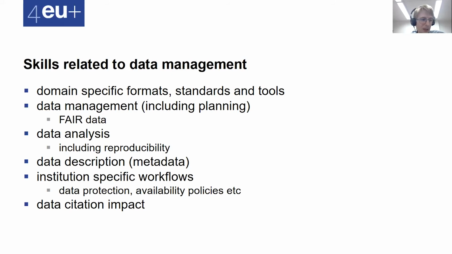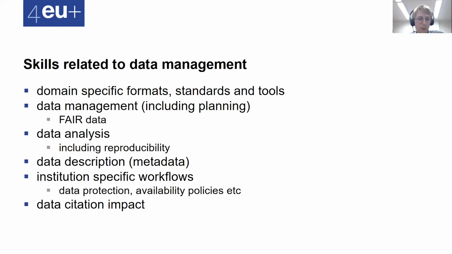And people should also know about institution-specific workflows, if there are any. It's very important in some domains, specifically with data protection or personal data. There may be policies where an institution would like to have data provided as open as possible, as closed as necessary. And people who work with the data should have some idea that this is really in place.